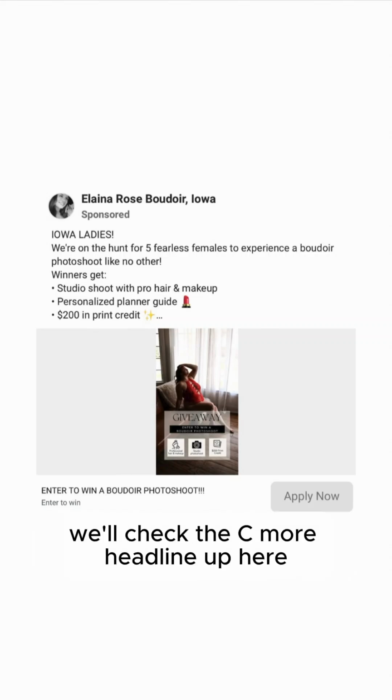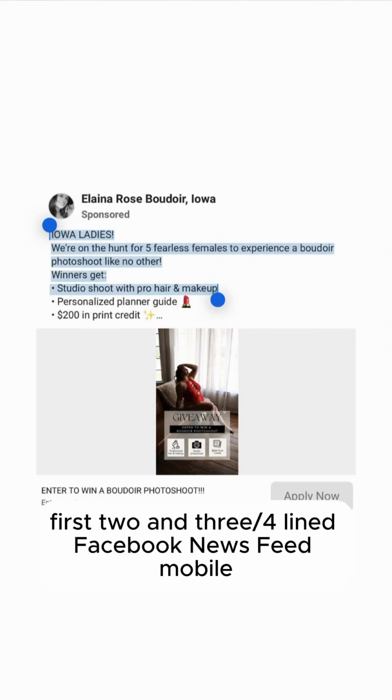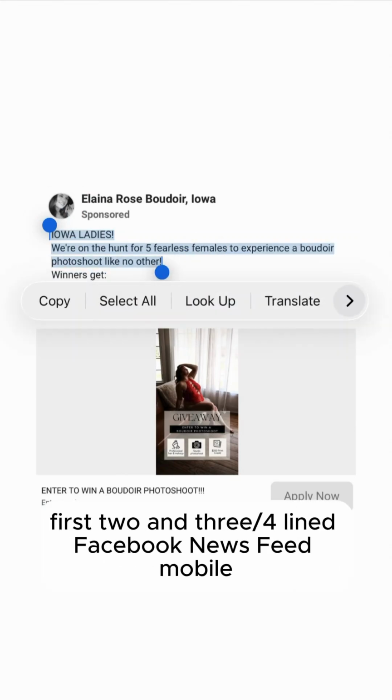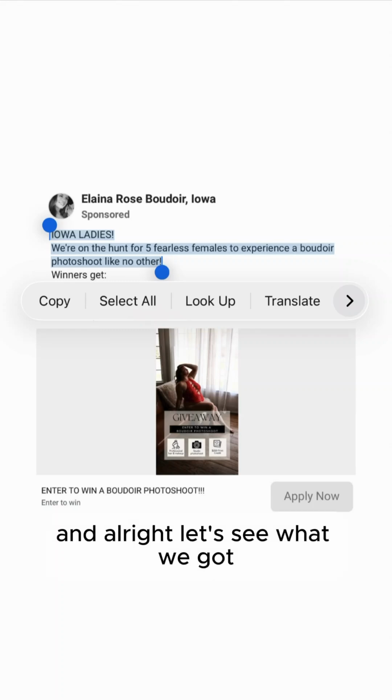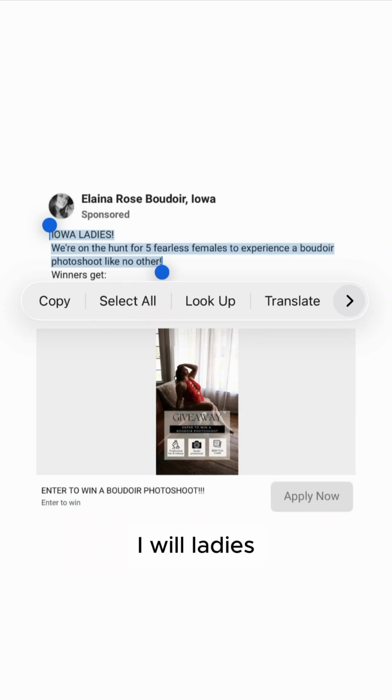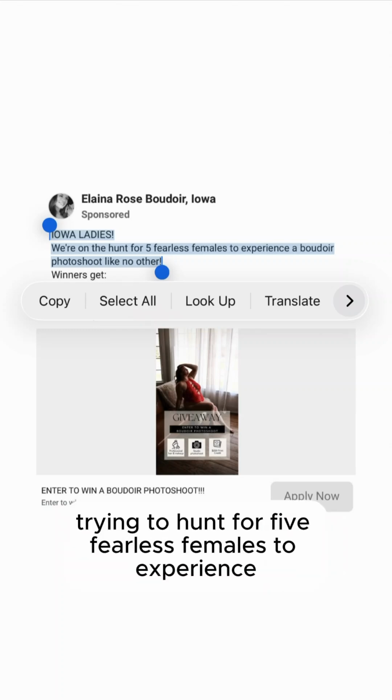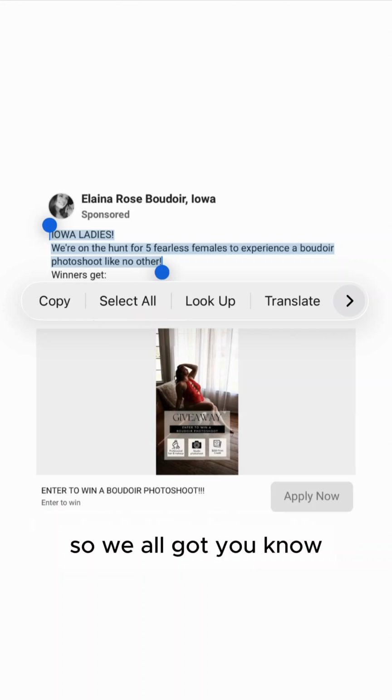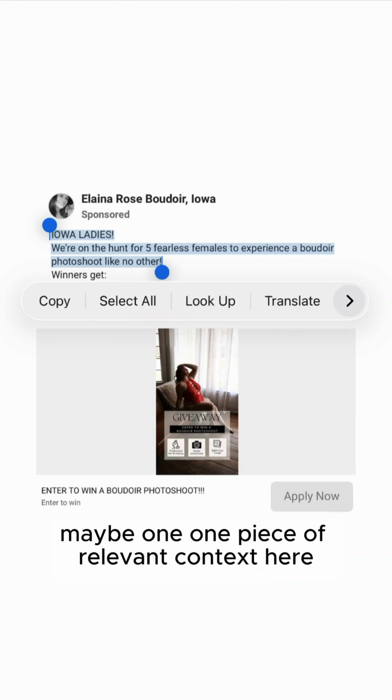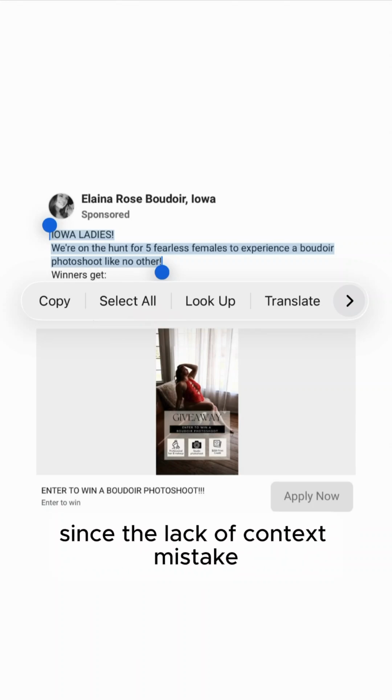All right, finally, we'll check the see more headline up here, first 2 3/4 lines, Facebook newsfeed mobile. All right, let's see what we got. All right, ladies are on the hunt for 5 fearless females to experience it with, well photos you like. All right, so we only got maybe one piece of relevant context here. So it's the lack of context mistake.